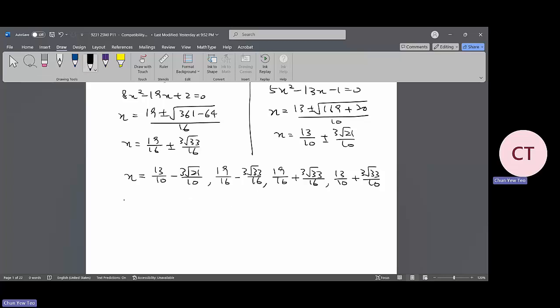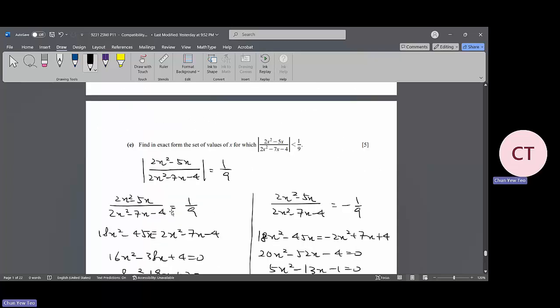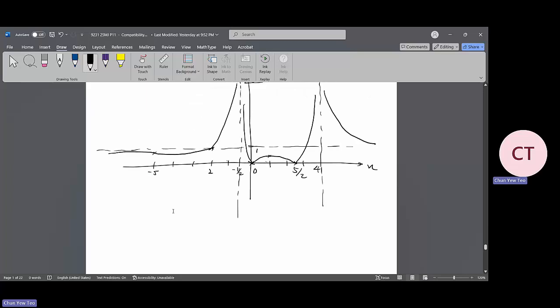Now, from the graph, what we need to do is actually we just need to draw the line of 1 over 9. 1 over 9 is over here. So you can see that, let me enlarge this part, the 1 over 9 has 4 intersection points.